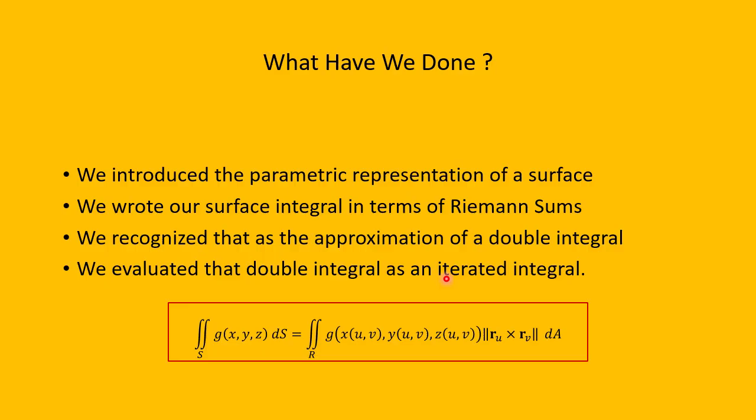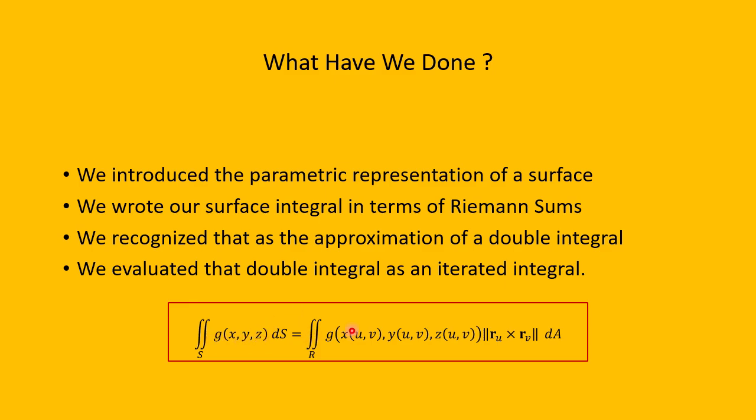And to put everything together, the formula that we had for going from the surface integral to a double integral, the surface integral is of a function g of x, y, and z.